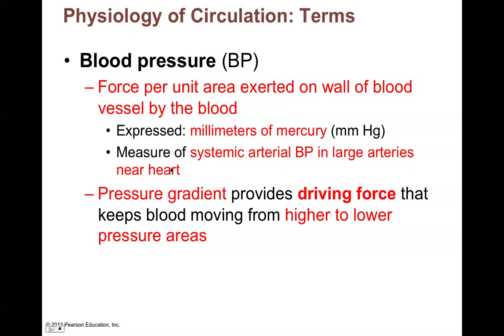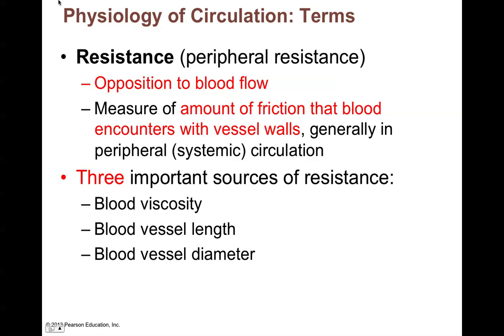Blood pressure is typically the measure of systemic arterial blood pressure in the large arteries near the heart. There's a pressure gradient that provides the driving force that keeps blood moving from higher to lower pressure areas. Then there is a term called resistance. Typically, this is referring to peripheral resistance.